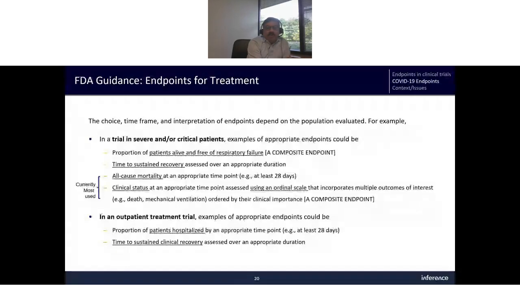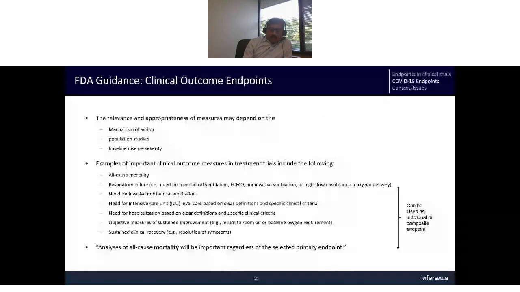And for patients who have mild symptoms, outpatient treatment trials, their endpoints could be proportion of people who are hospitalized or time to sustain clinical recovery. So, these would be applicable endpoints. So we have a lot of choice here.